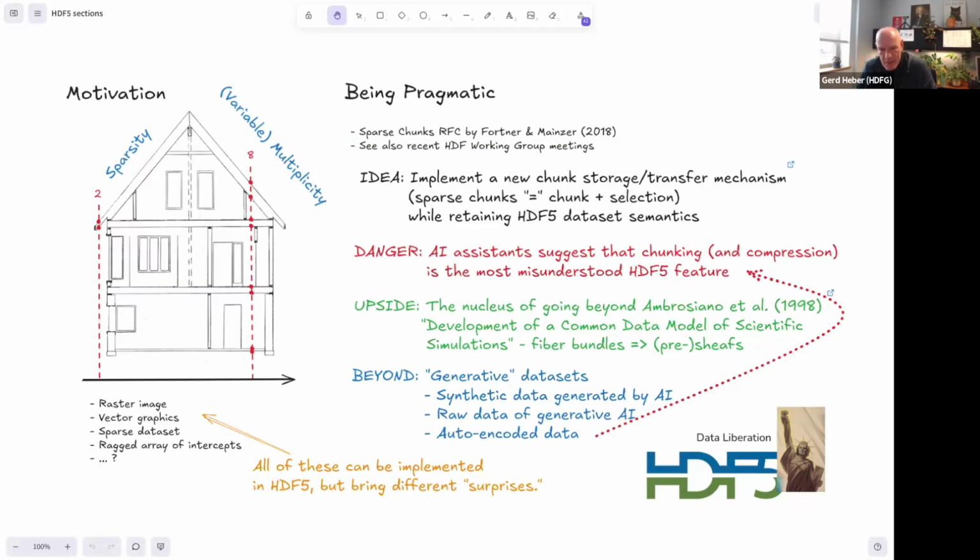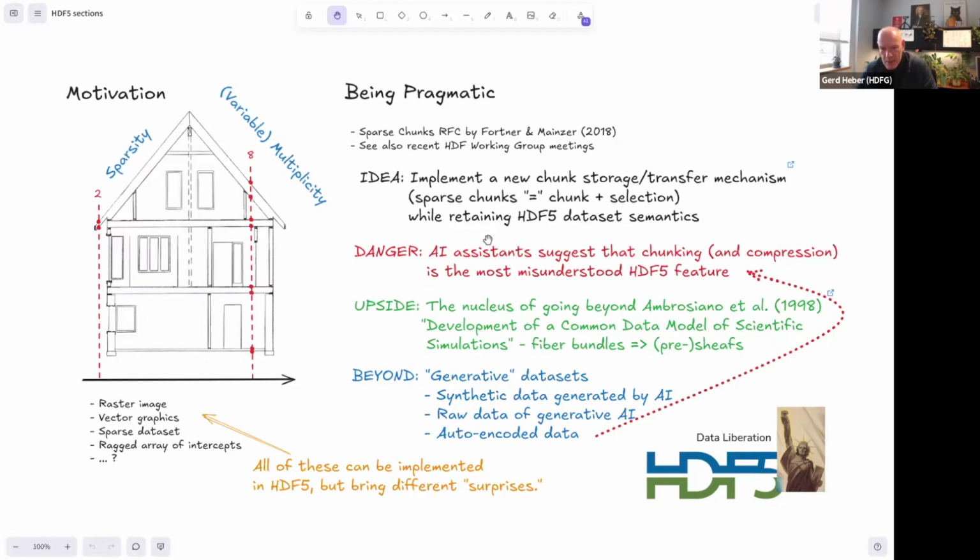On the upside, if you think about it, the HDF data model has been pretty steady, or constant. There haven't been any dramatic changes since its inception in 1998.